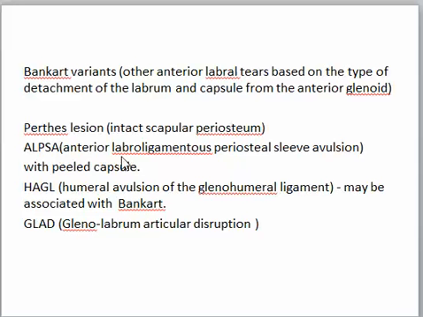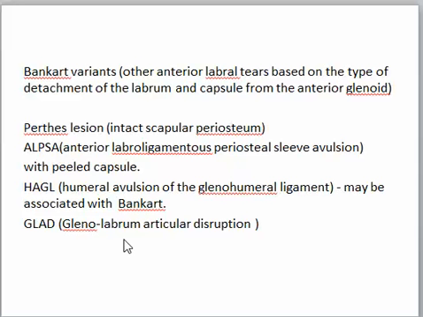That means if the anterior labral tear is associated with periosteal sleeve avulsion, it's called anterior labral periosteal sleeve avulsion. Or if there is associated avulsion of the glenohumeral ligament, this will be humeral avulsion of glenohumeral ligament, or HAGL.